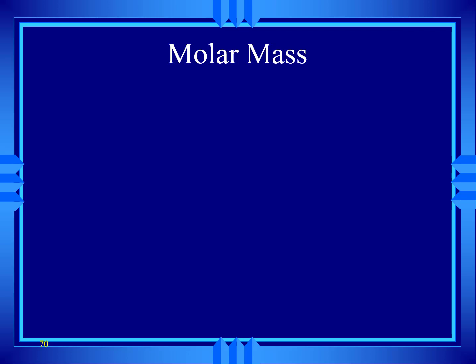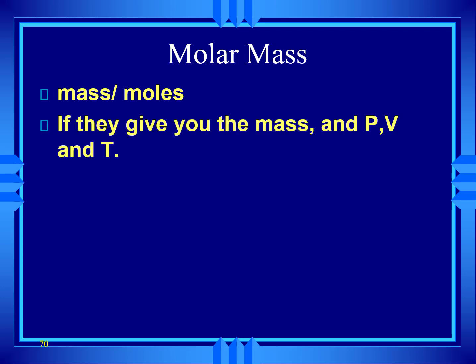So, molar mass. Molar mass is how many grams for each mole, so that's grams per mole. To find that, you take the grams and divide it by the moles. So in order to figure out the molar mass, I need mass and moles. If they give me the mass and P, V, and T, from pressure, volume, and temperature, you can find moles.